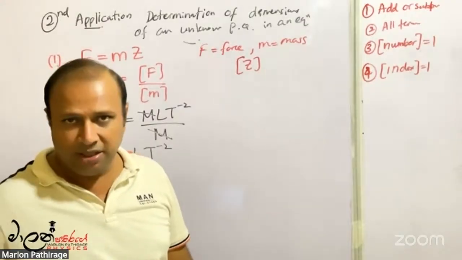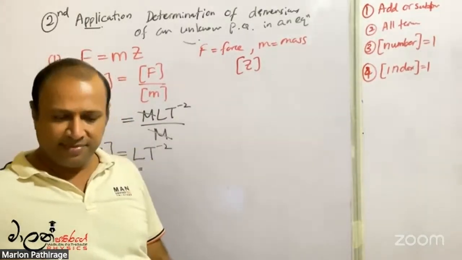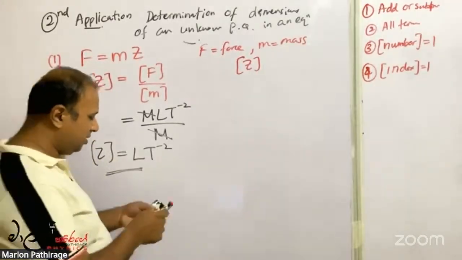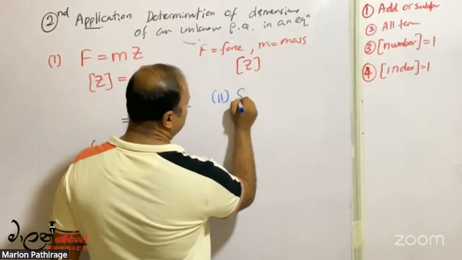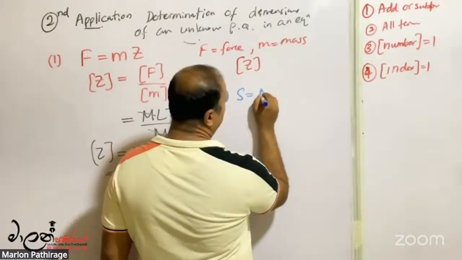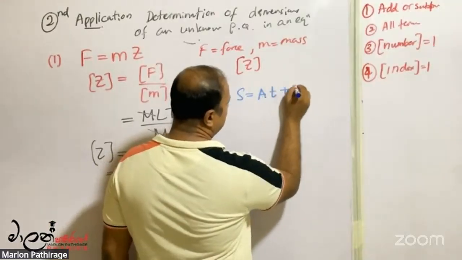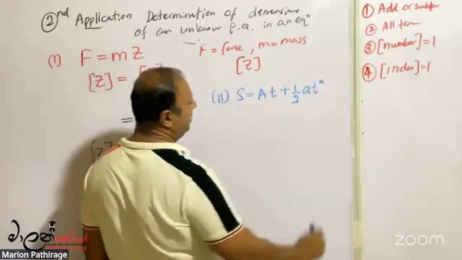Without subjecting, we can determine the dimensions using our rules. Suppose this one. You are given S equals AT plus half BT squared.